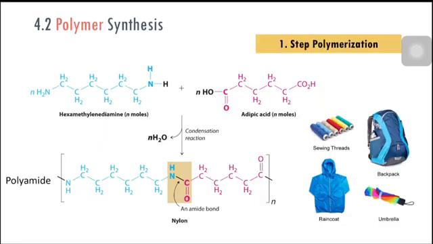How to synthesize the polymer? The process to synthesize the polymer from the monomer is called polymerization. This is the process in which monomer molecules react together in a chemical reaction to form a polymer chain. Generally, it can be divided into two categories.